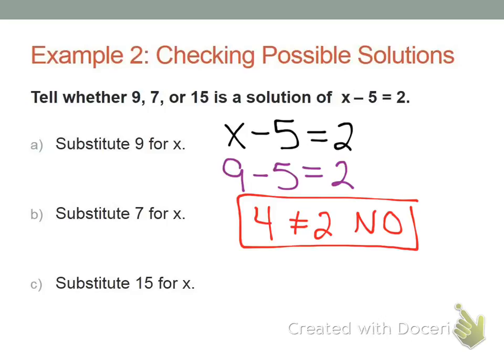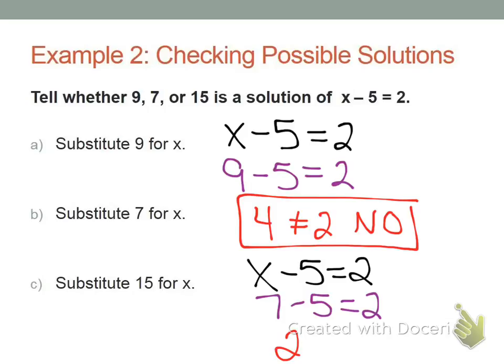All right, so on B, I make the substitution again. I start with my original, x minus 5 equals 2. I make my substitution, 7 minus 5 equals 2. And then what's my answer? Yes. 2 equals 2, and I say yes.